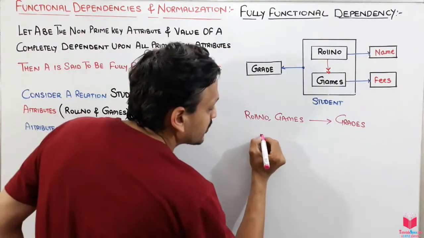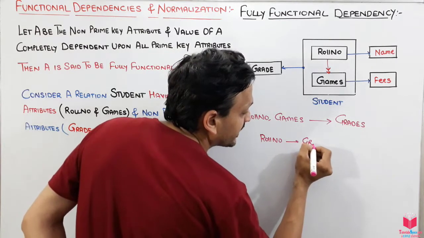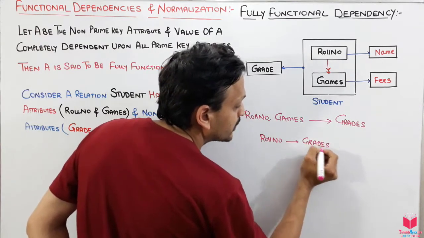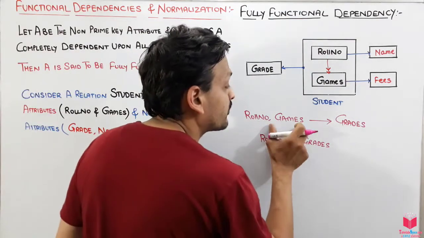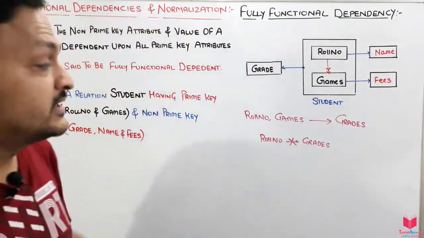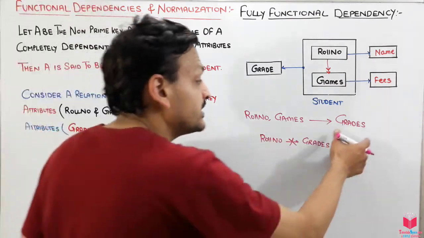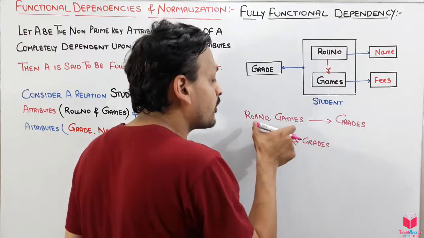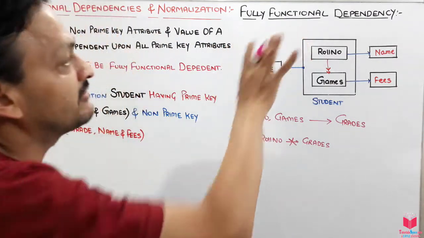If I say roll number, by roll number only can I determine the value of grade? No, it is not possible. We have to combinedly provide the value of these two attributes, then we find the value of grade. That is, grade is completely dependent upon all the prime keys of this table. So we will say that this is fully functionally dependent.